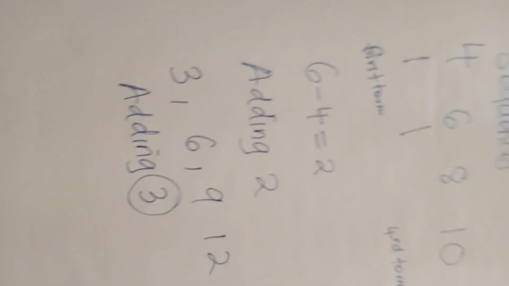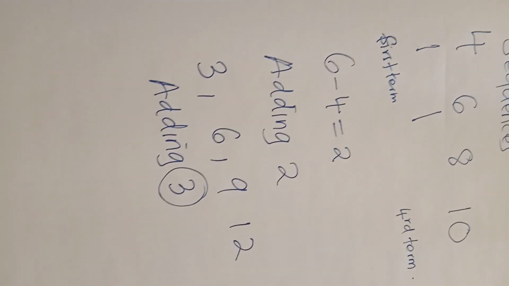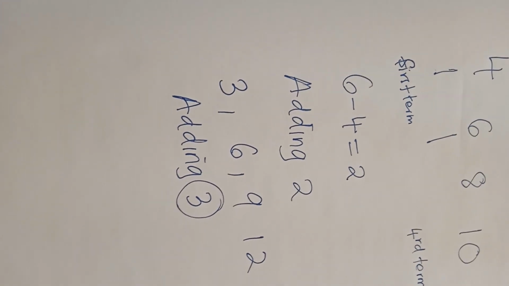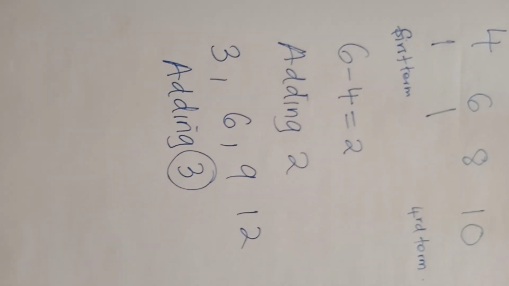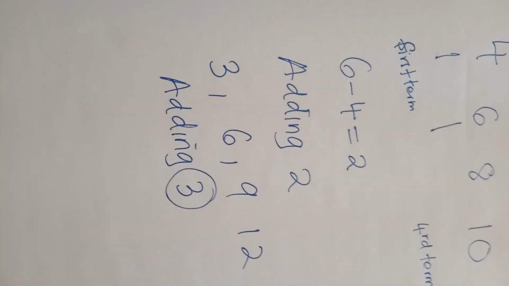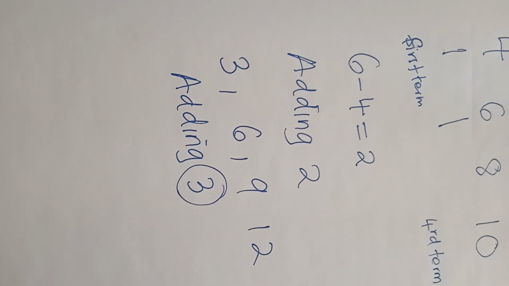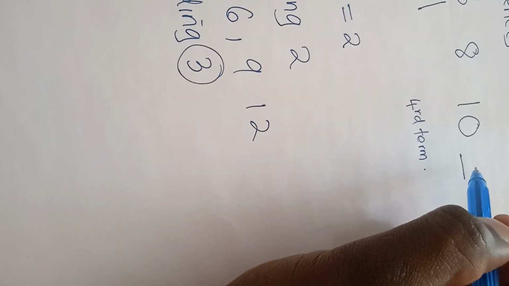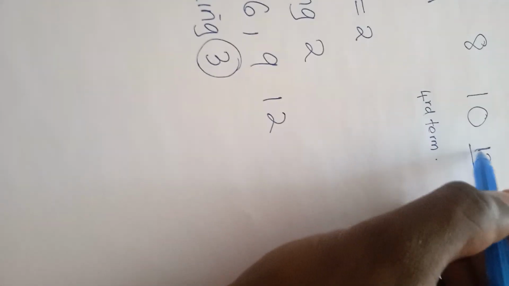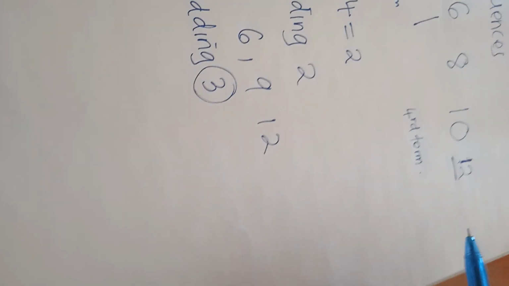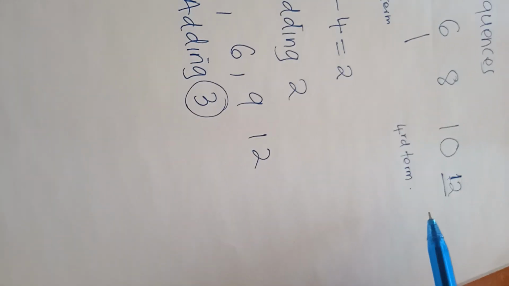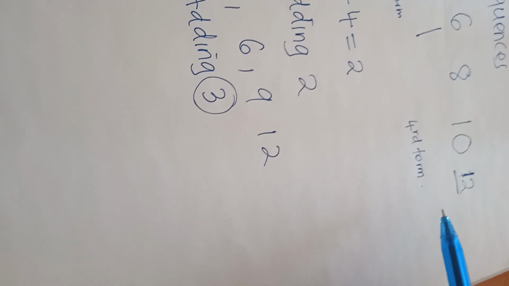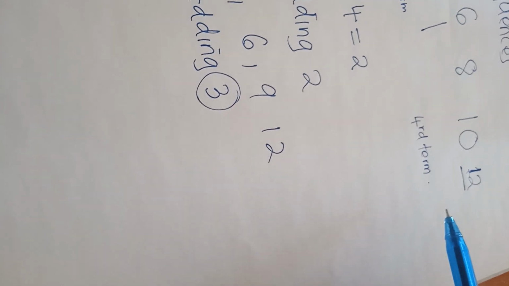Great. So that is all about the term-to-term rule. If you are asked to find the nth term, the main idea is this: if you're asked to find the next term for the first sequence, it's very easy, because you're just adding 2. But imagine if you are asked to find the 100th term or the 50th term.